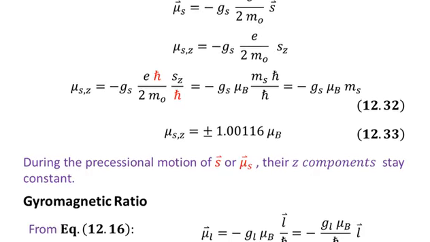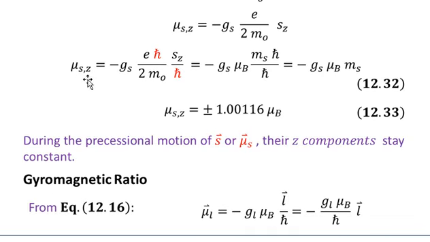Now mu sz is equal to minus Gs, and I am multiplying and dividing by h bar. So I have e h bar over 2 m naught, and similarly Sz over h bar, because I want to replace e h bar over 2 m naught by the quantity called the Bohr magneton mu B, which was also defined in the previous lecture.